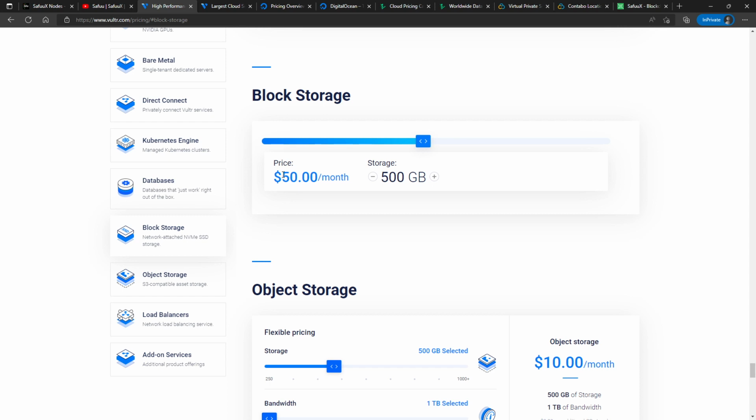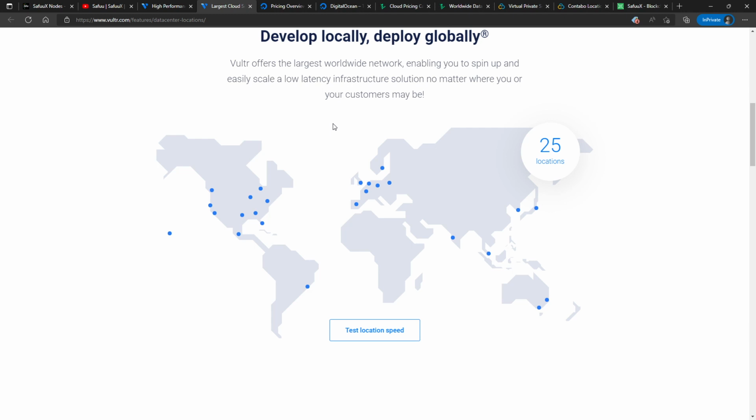So the 48 and 50 gives us, for Vultr, $98 per month, which is actually more expensive than AWS. Looking at the locations, they have 25 locations globally in most continents except for Africa, I believe. But that's their data centers across the globe.